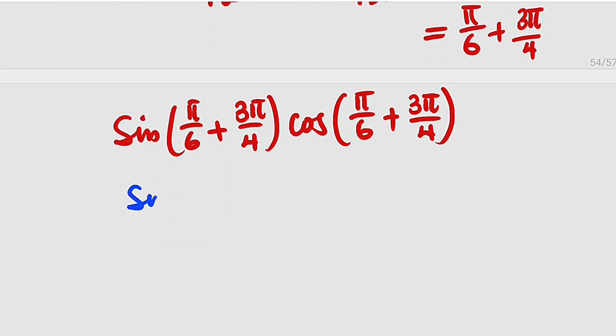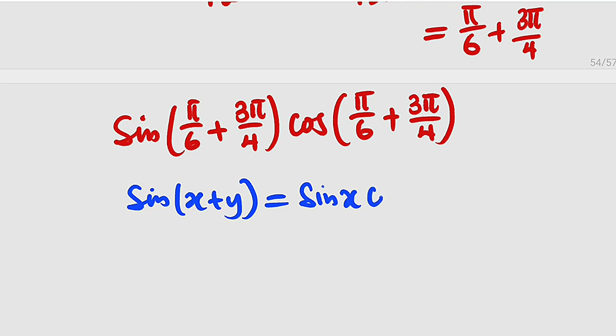For sine, if you have sine of, for example, x plus y, this is the same thing as sine of x multiplied by cosine of y, then plus sine of y multiplied by cosine of x. This is for sine.